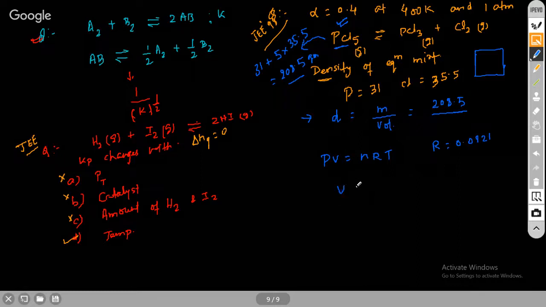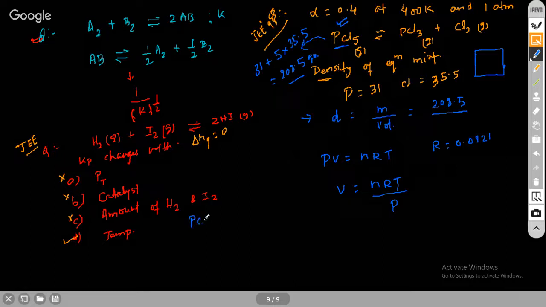So volume is equal to nRT by P. Everything is given, only n is not given, that is the number of moles. Now, how do we find out n? n is the total number of moles we have. For that, we'll apply the concept of chemical equilibrium.